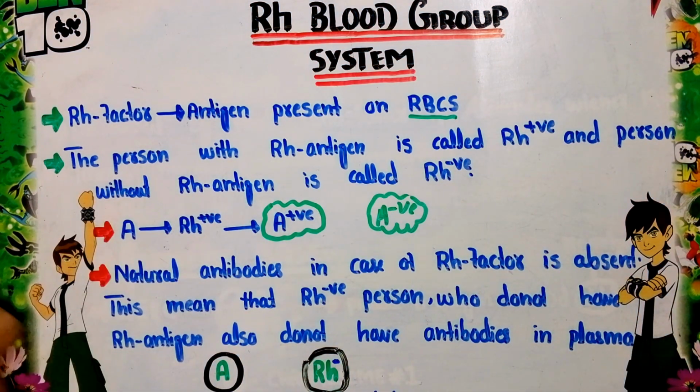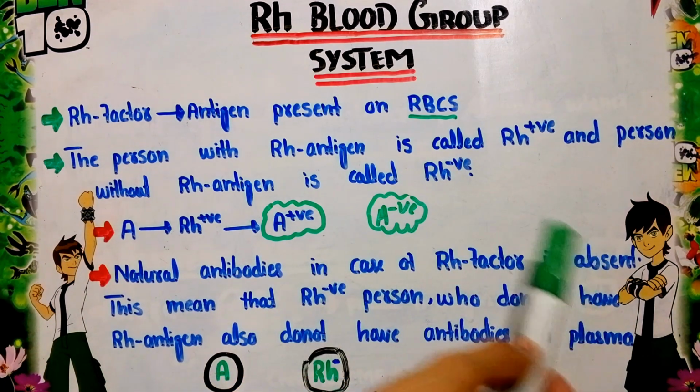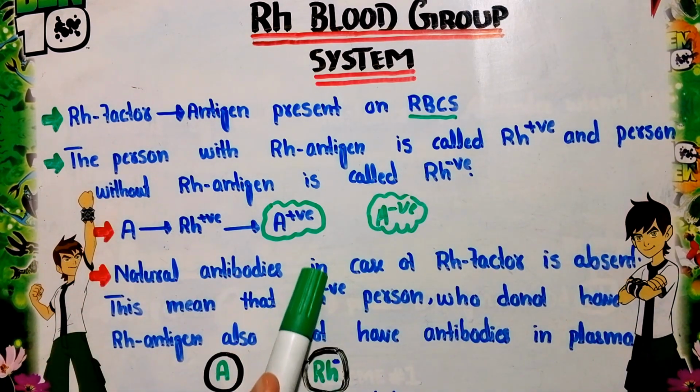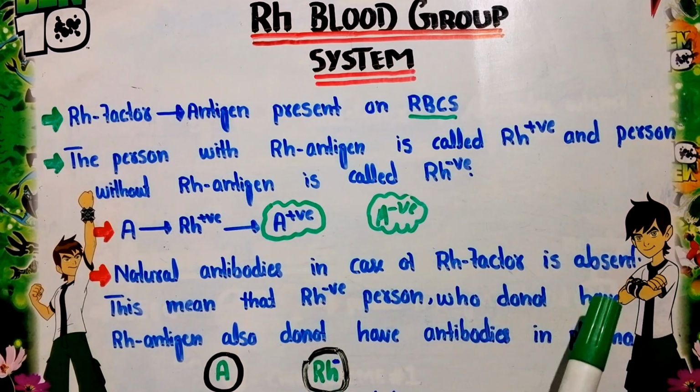Now this point is very different from the ABO blood group system. Look here: natural antibodies are not present in the case of the Rh factor. This means that a negative person who does not have the Rh antigen also does not have antibodies in the plasma. So what does it mean?